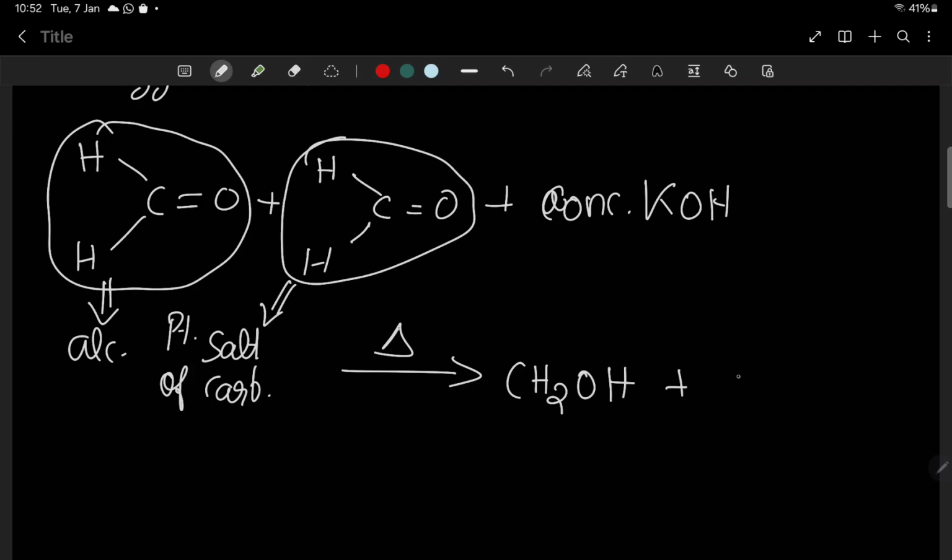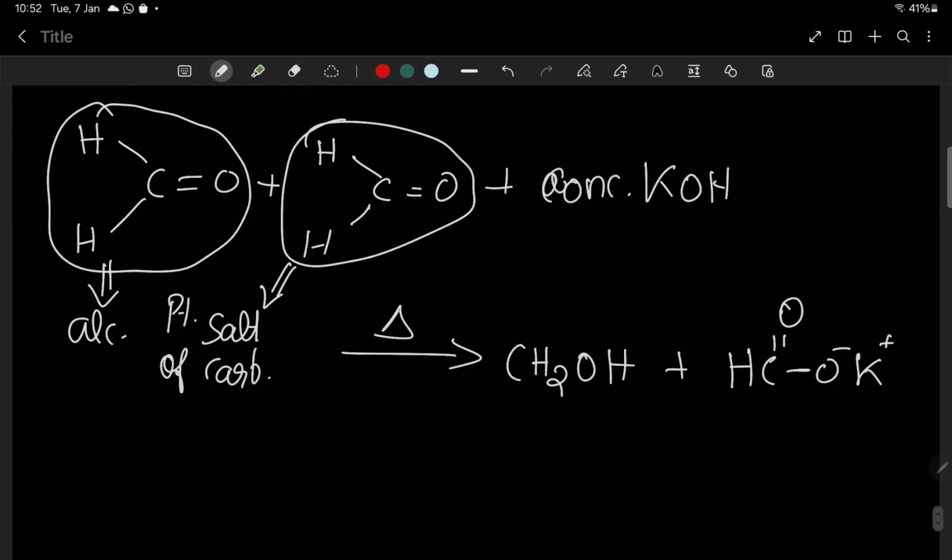The second will be converted to HCOOK, the potassium salt because we are using KOH. If we hydrolyze the salt, we get acid, but here we are getting the salt itself. So this is the thing formed.